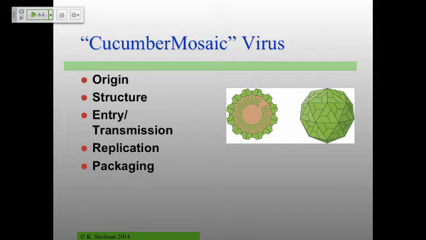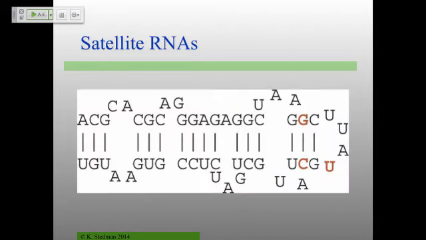Okay, so I'll spend a couple of minutes talking about some really neat examples of plant viruses. But first we need to talk about some of these satellites. I mentioned this before. This one is probably about 30 nucleotides in length, has this secondary structure, and can also get packaged in some of the virions.